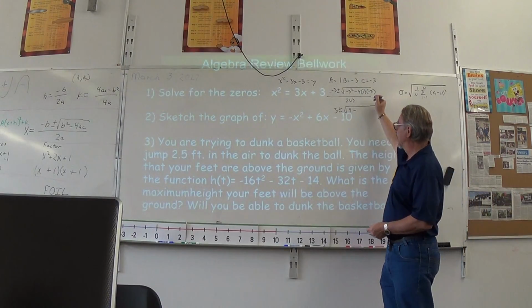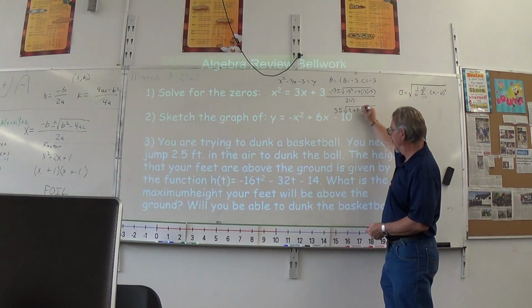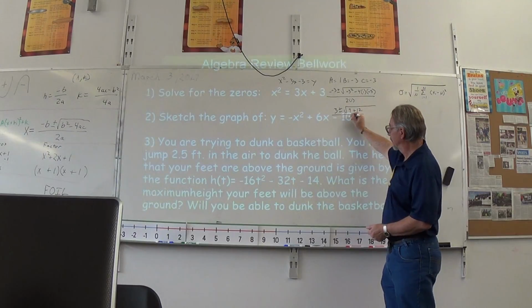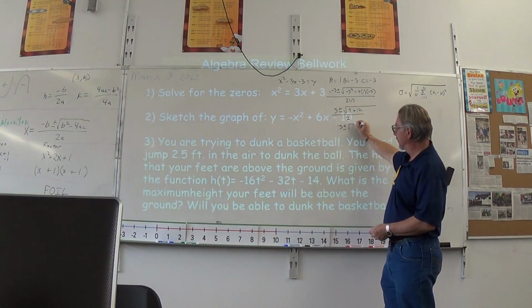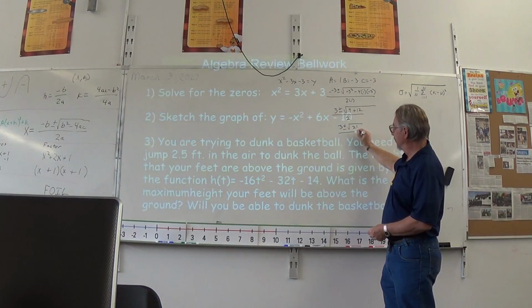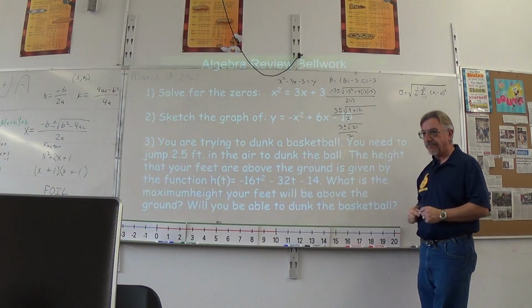If I'm going to subtract negative 12, I'm going to add 12. Or 3 plus or minus the square root of 21 over 2. That's as far as we go.